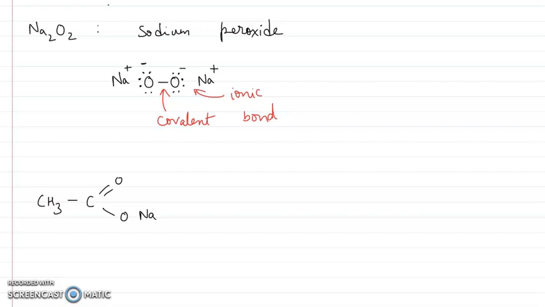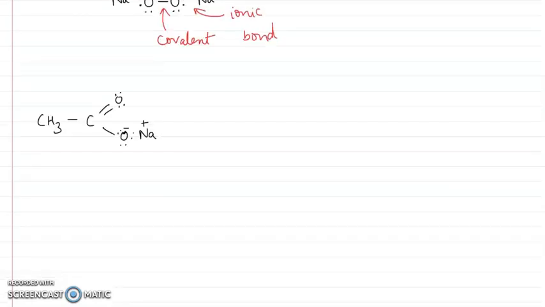So in case of CH3COONa, we know that in case of oxygen and sodium, there is an ionic bond. So here we can write the electrons like this. And we will also write the structure of acetic acid, CH3COOH.